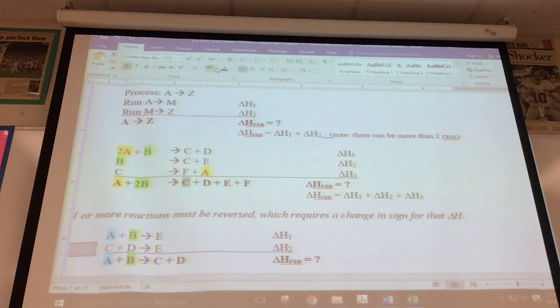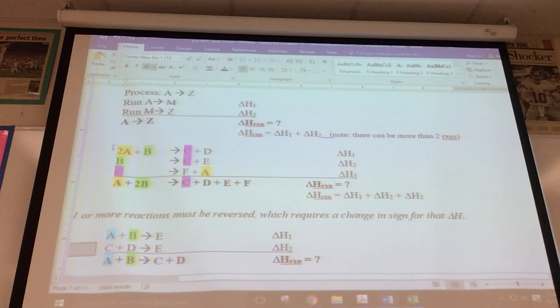Here's a c. I've got 1c here, 1c here, 1c here. So 2c's minus 1c is 1c on the product side. The d is right here, the e is right here, the f is right here.